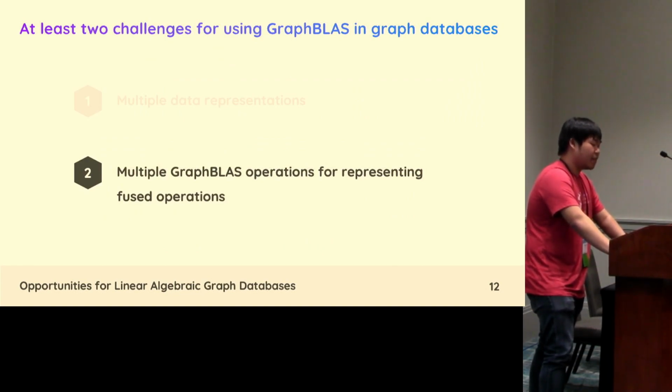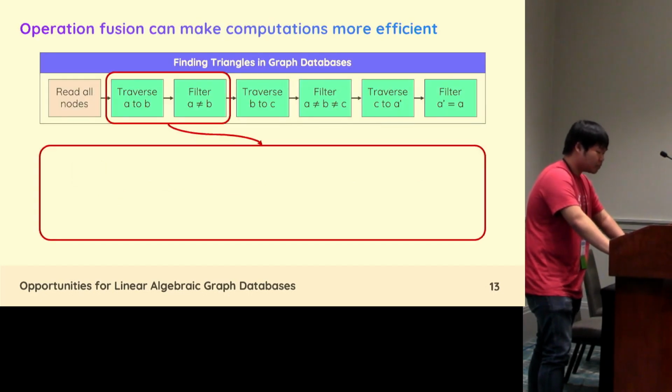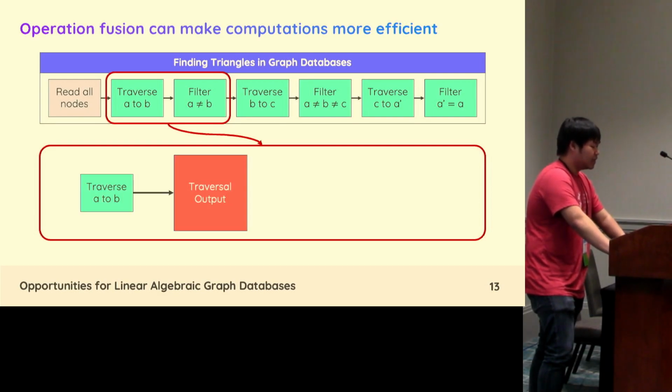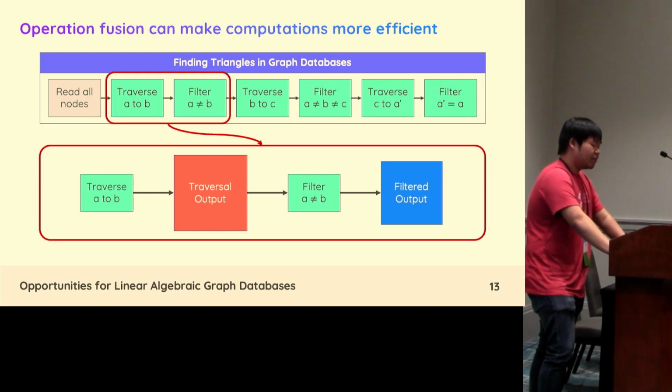Next, we're going to talk about the next challenge, which is the multiple GraphBLAS operations for representing fuse operations. But first, why should we fuse operations? Let's consider the first traverse and filter stage. The traverse stage is going to produce the traversal output. And the filter stage will take the traversal output and then create a filtered output, which is a subset of the traversal output.